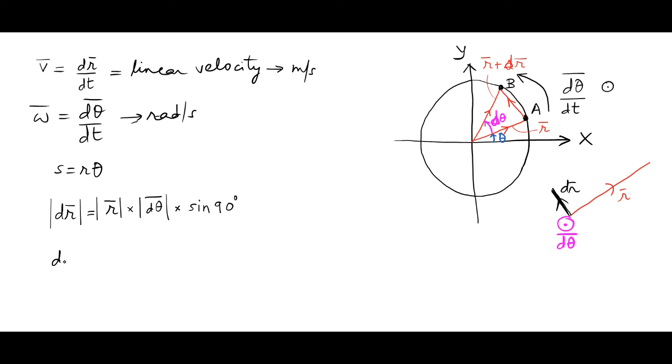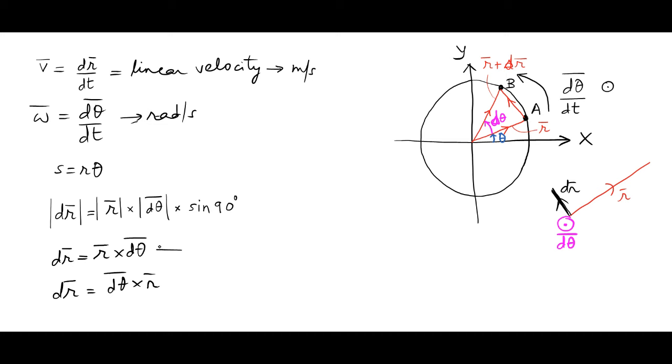So it's going to be dr bar equal to r bar cross d theta bar, or we're not sure, there are two possibilities. Dr bar could also be d theta bar cross r bar. It's one of these two. Let's look at it again.